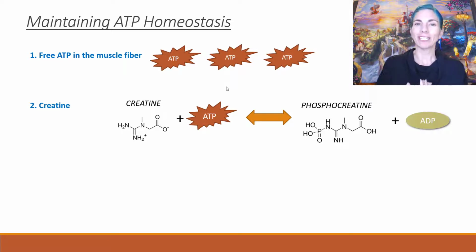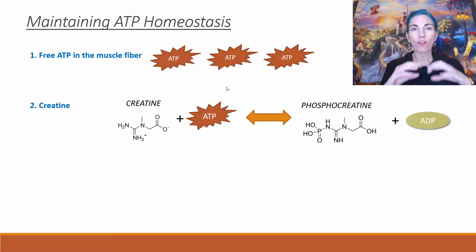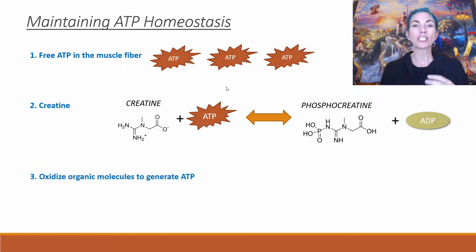So creatine represents this really interesting approach to acting as a buffer between our step one, which is just free cash, and our third and most sustained way of getting ATP, which is to use fuel, organic molecules, namely glucose and fatty acids.